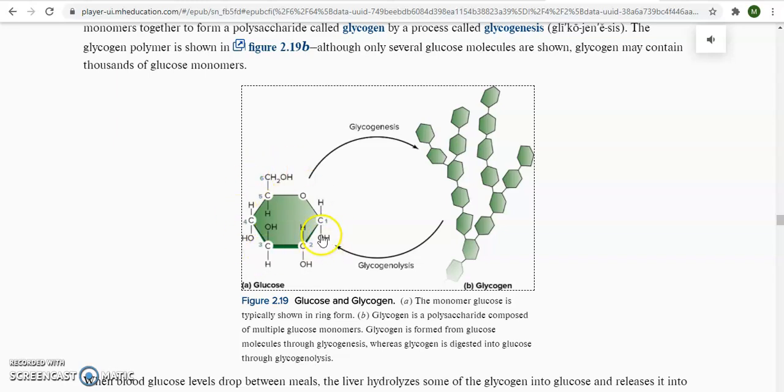So that's one example of the carbohydrates that you should be familiar with in the human body. And then the other one you should be familiar with is called glycogen. Essentially glycogen is the same thing as glucose, except each of the glucose molecules, each one of these, is linked together.